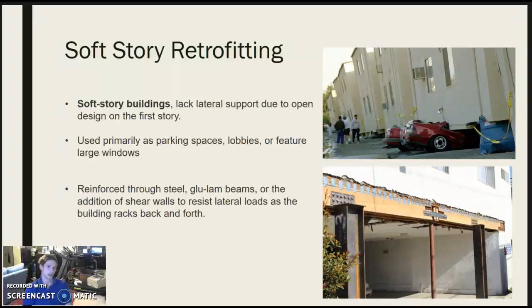Soft story retrofitting. A soft story is basically a building that has a very large open area at the bottom. This is usually used for either a parking space, lobby, or a large window.